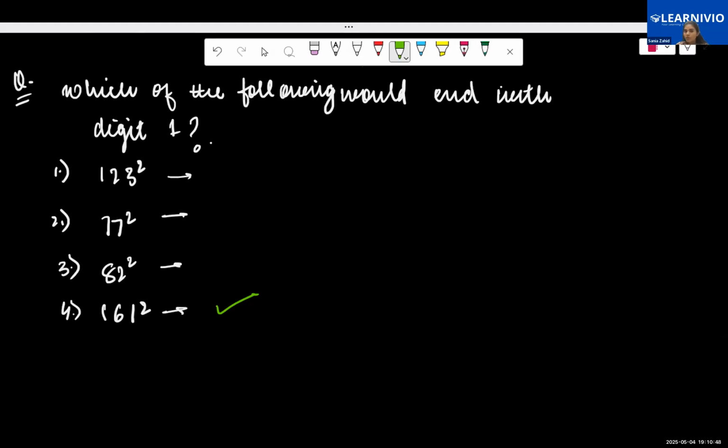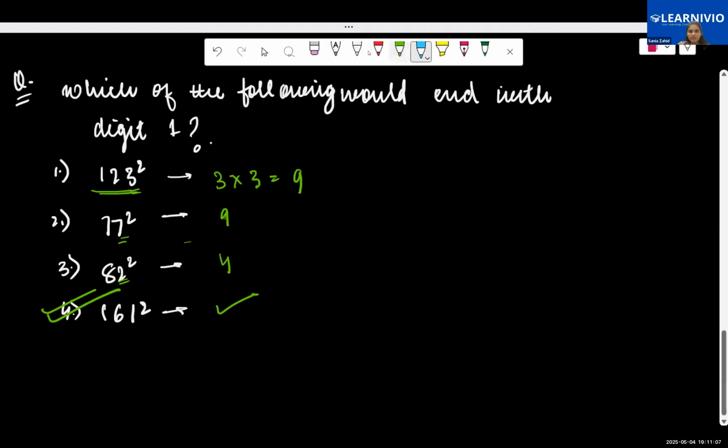What you do is look at the last digit. 3 into 3 is 9, so this answer would end with digit 9. 7 into 7 is 49, so this would also end with 9. 2 into 2 is 4. And 1 into 1 is 1 only. So only this is your answer. Clear?